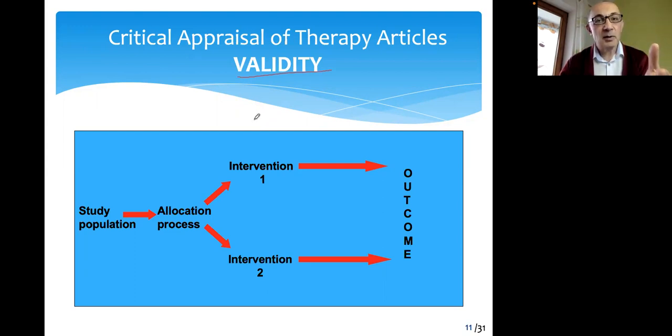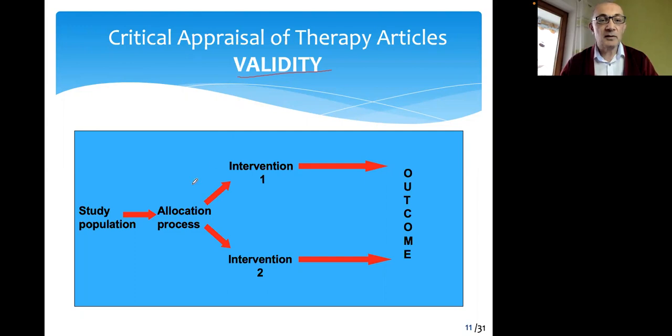Apparently, this research is giving an answer to my question. Now, I want to check whether it is valid, how strong the recommendations are, whether they are important enough, and then whether it is applicable to my daily practice.